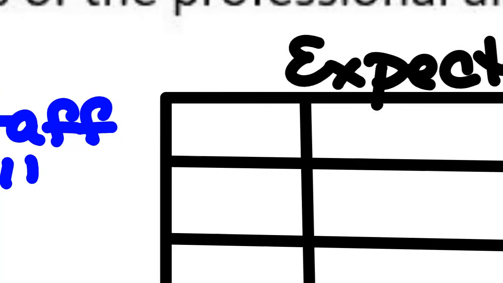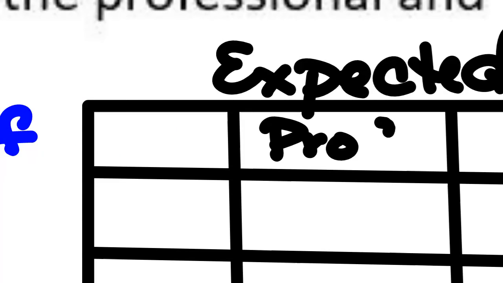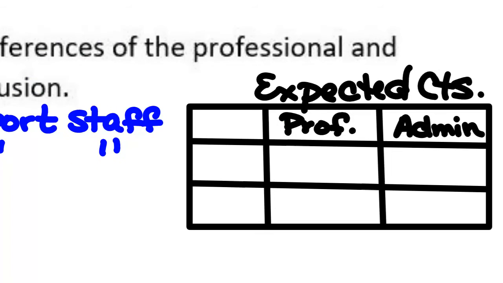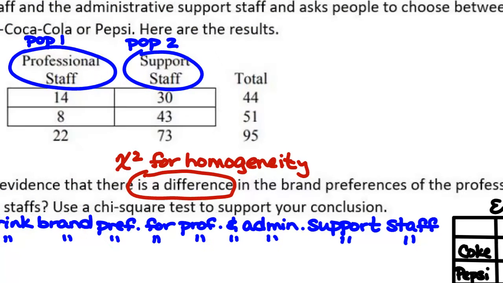All right, so we have our professional staff. Oh, I'm going to put that up on the top, not on the side here. Professional staff. We have our admin support staff. We have Coke and Pepsi. How do we find the expected counts? Yes.